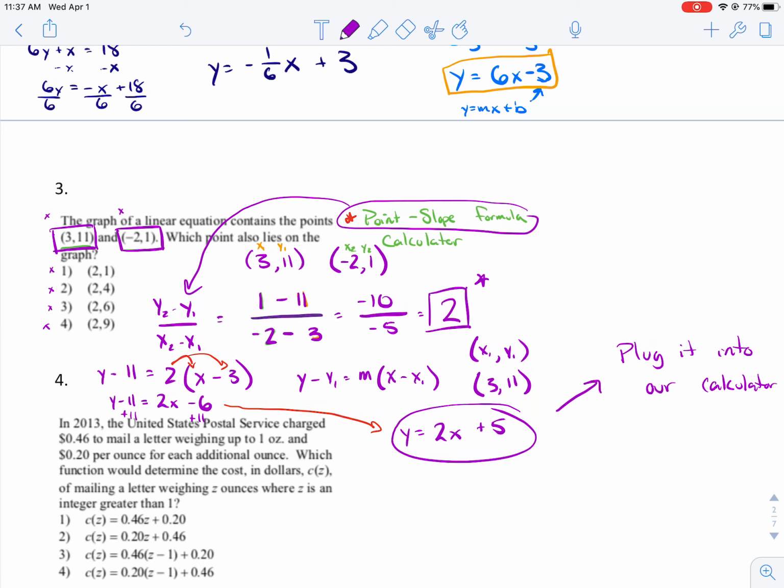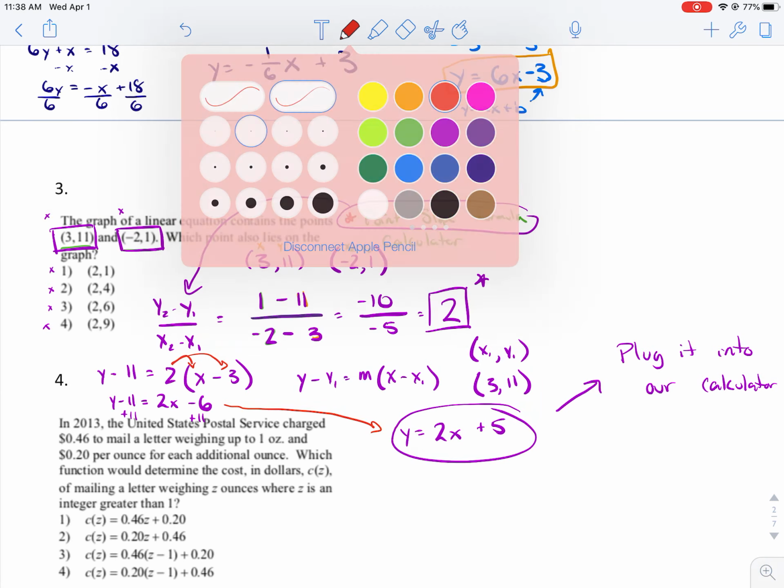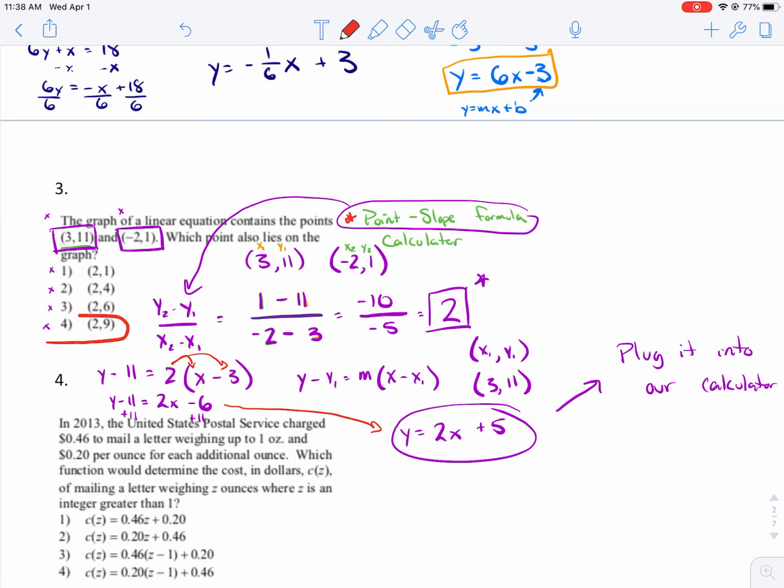And what we're looking for is whether or not one of these points lies on it. Ooh, I put minus 5. Hello. I was like, it didn't match up on mine, right? Because I put minus 5. It's 2x plus 5. Holy smokes. Okay, let's go to my table. And at 2, I'm seeing 9. So when you look at your table, when you have an input of 2, you should see your y value as a 9.